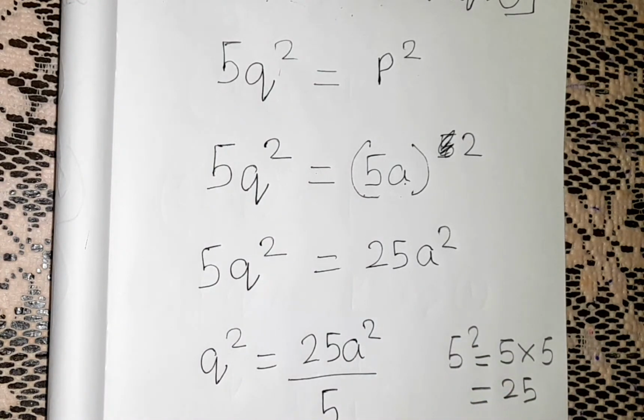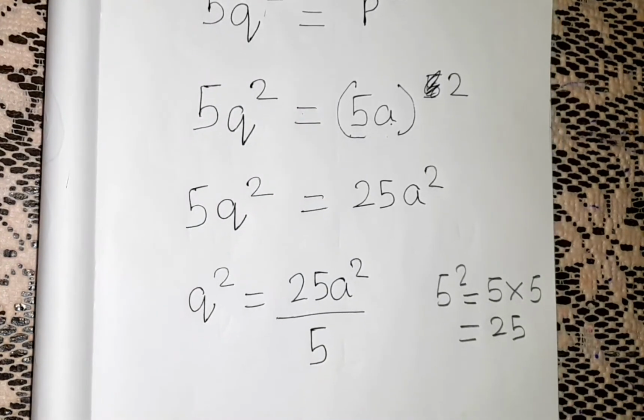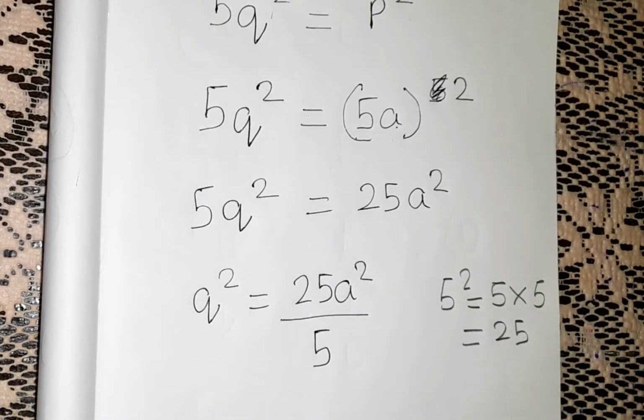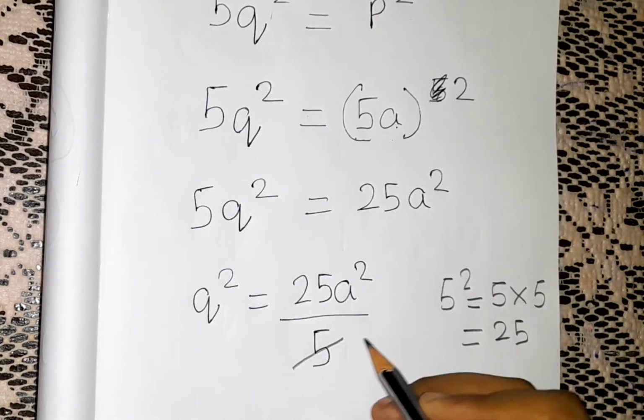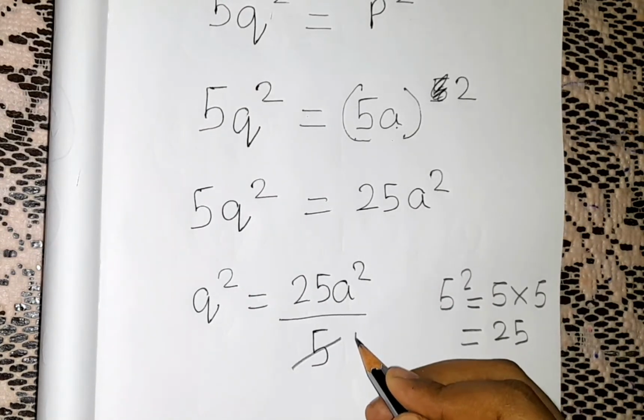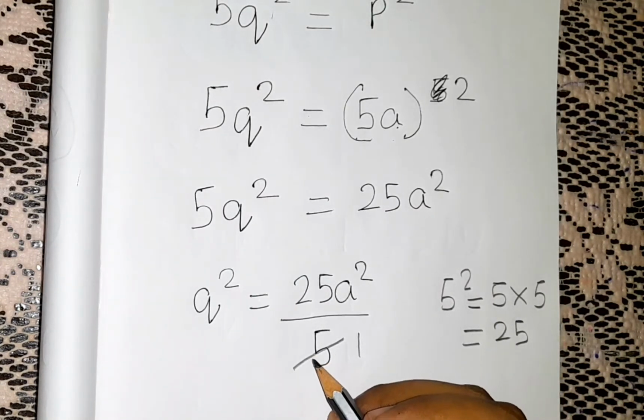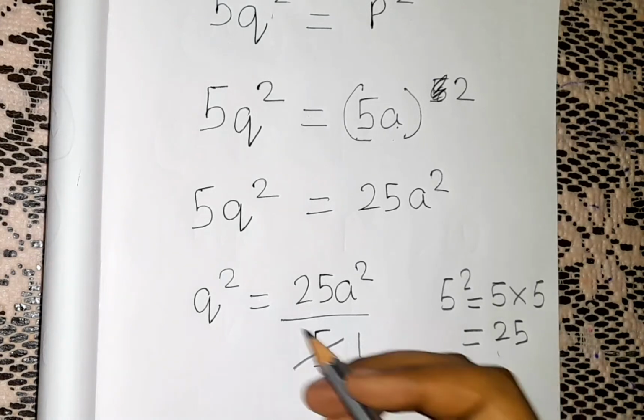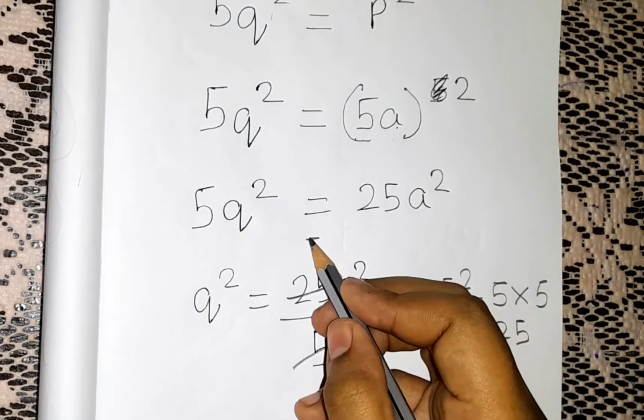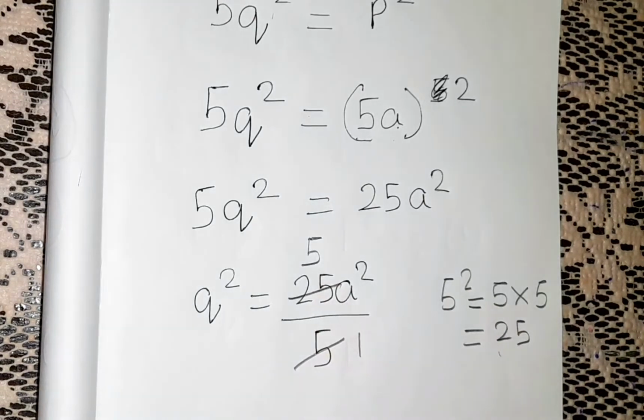That's why we are dividing it. Now we shall cancel it. 1 5 is 5, so we write 1, and 5 5s are 25, so we cancel this and write 5. Now it is 5a square.